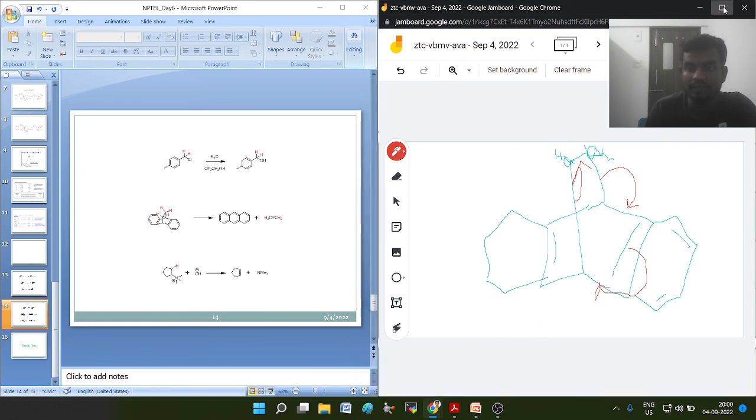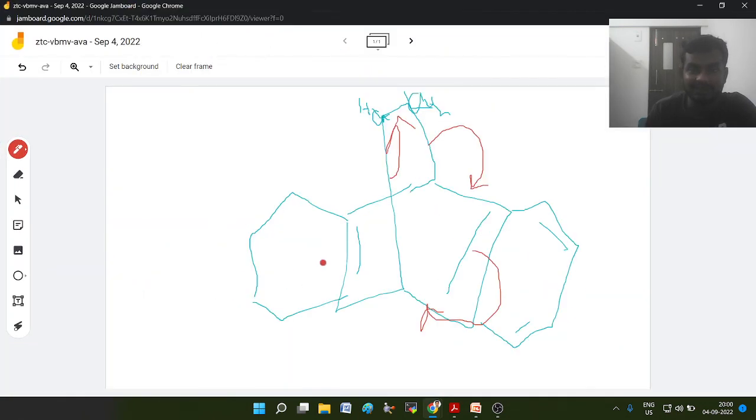Now let me complete it here. Oh my god, I took too much space. So what will happen? You start with the same thing, and you have this structure. See, this double bond has appeared here, and it was already a benzenoid structure, and this bond has moved here.